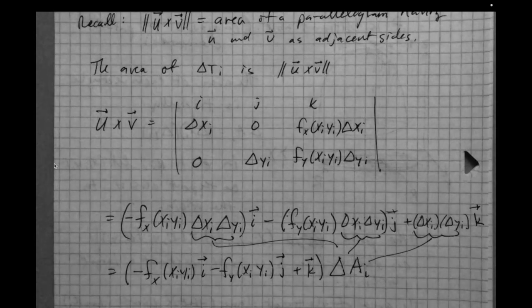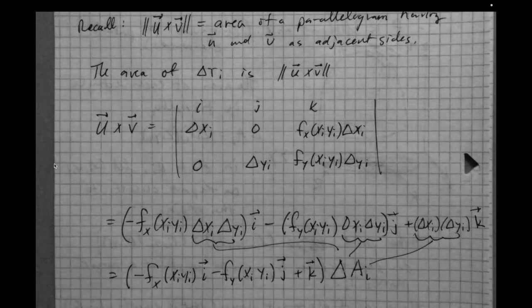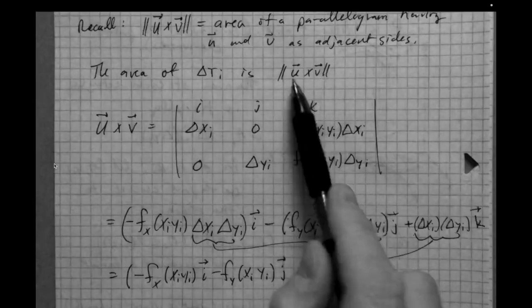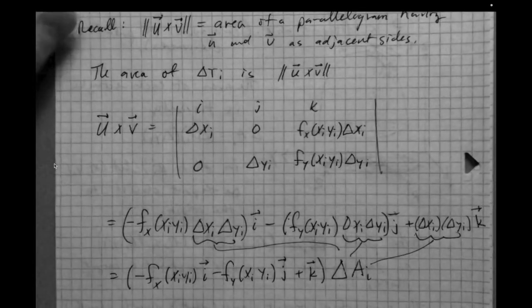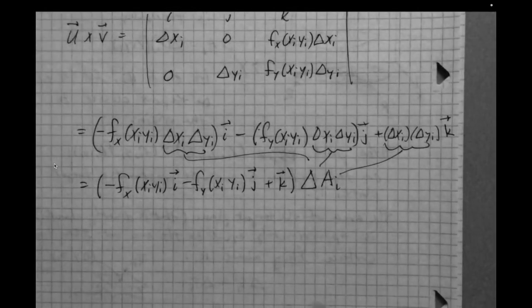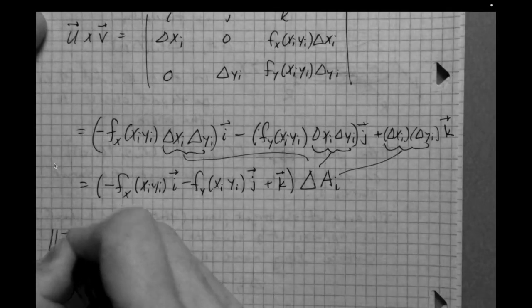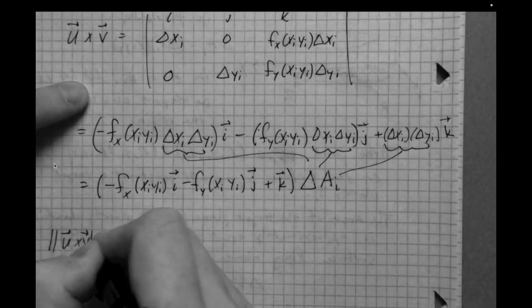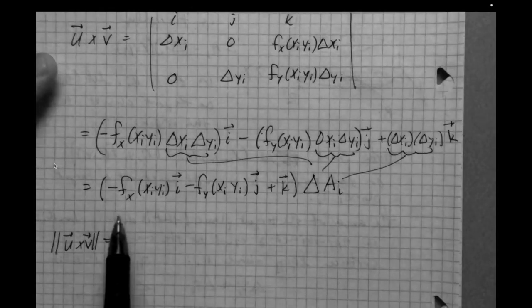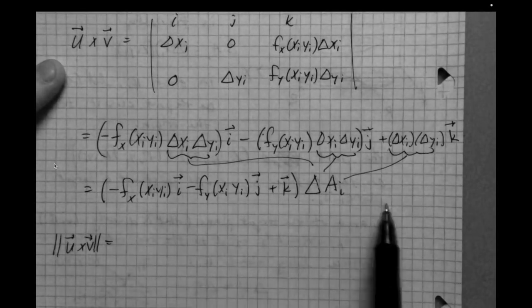So that's the cross product, but to get to the area, we really need to take the norm of the cross product. So what does that look like? The norm of u cross v is just equal to the square root of the components of this thing squared.